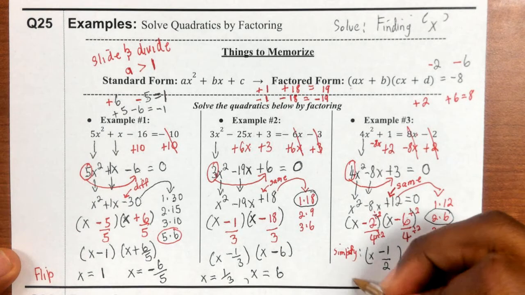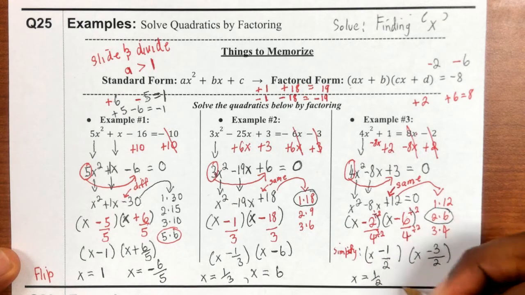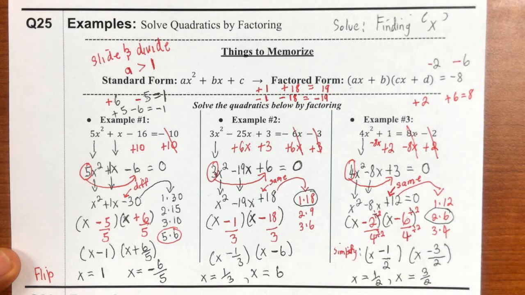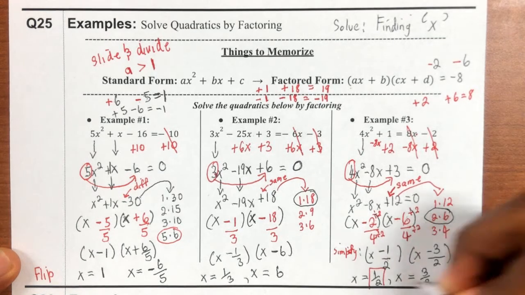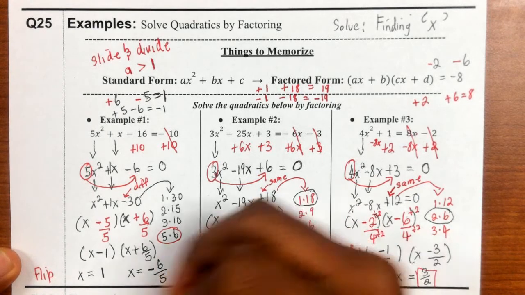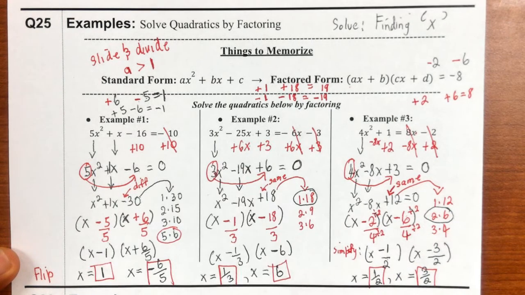So your x is equal to not a negative 1/2, but a positive 1/2. And x is equal to not a negative 3 over 2, but a positive 3 over 2. Alright? So again, guys, just like that. If you follow all my steps, guys, you should be good.